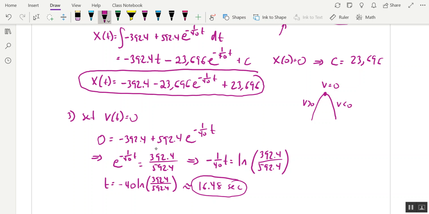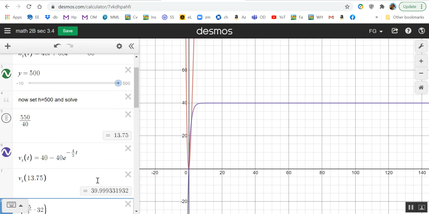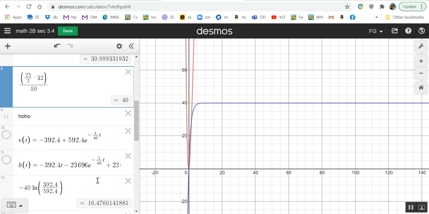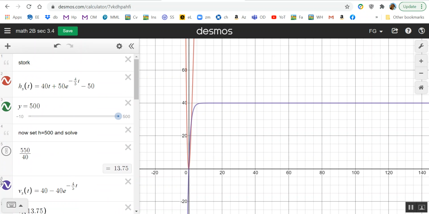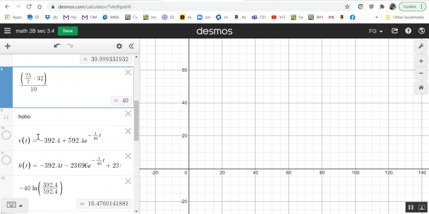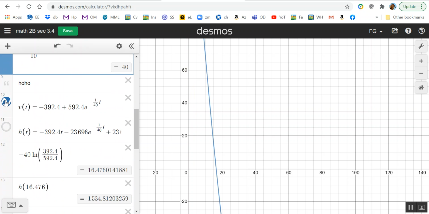Okay, so let me show you that on Desmos. Here I've got the ho-ho problem. I put in V. Let me take these other functions out so they don't mess with our picture. Okay, here's V. We found that V of t is 0 at about 16.48 seconds.